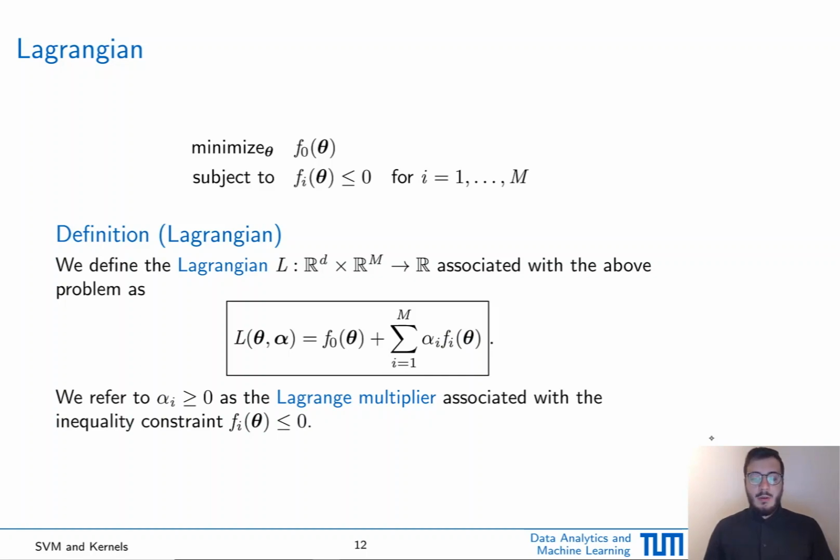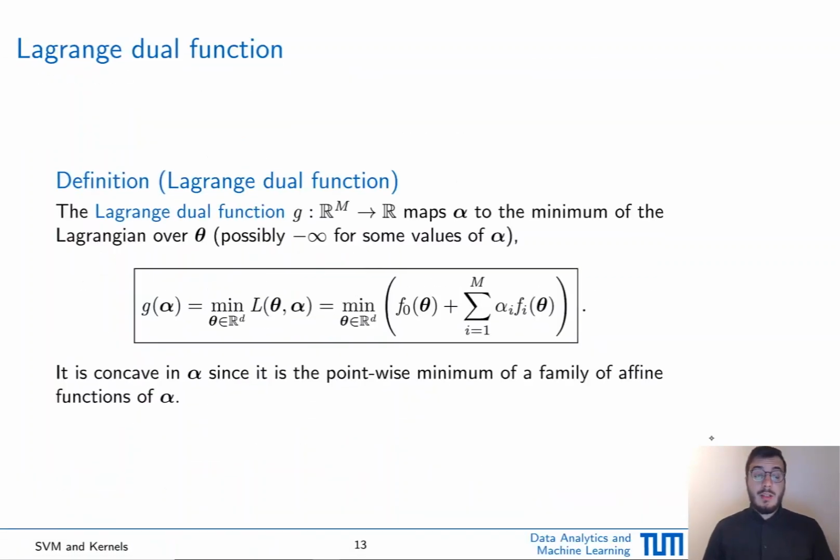Now, the next thing we do is we define the so-called Lagrangian dual function. And this is simply a minimization of this Lagrangian function over all possible values of theta. So we took this new Lagrangian function and we minimize over all possible theta.